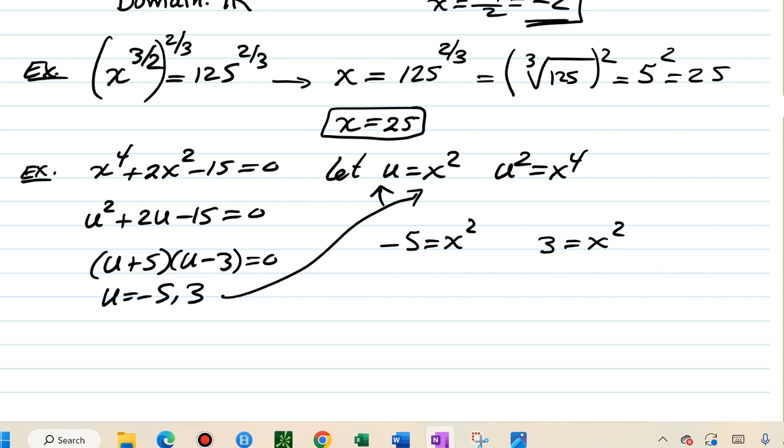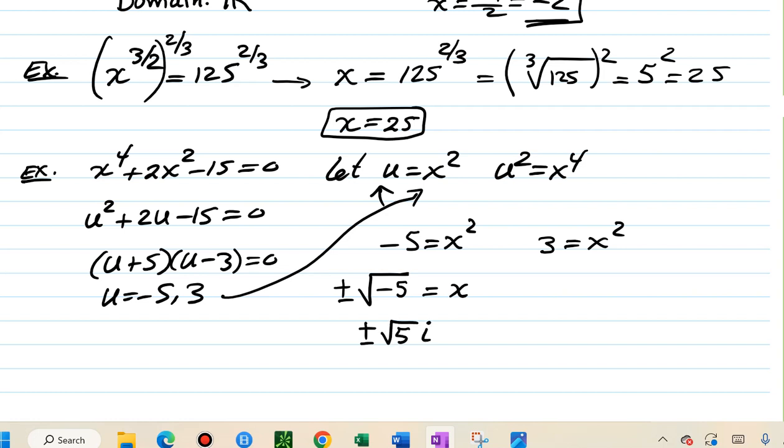Now an observation here: x squared, when you square a number and get a negative, that number cannot be a real number, right? But we talked about imaginary or complex numbers, so we should be able to solve this, right? Let's take a look at this one. So I'm going to take the square root of both sides, the square root principle. Plus minus, don't forget the plus minus, square root of negative 5, and you can see there, the square root of a negative number is going to be imaginary.